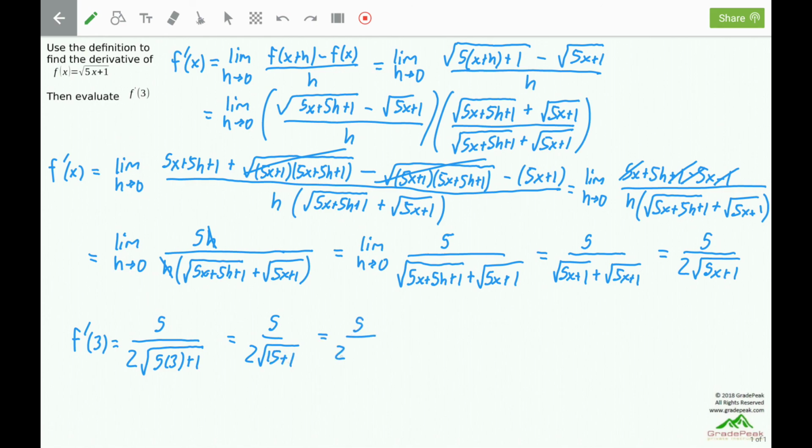So we'll have 5 divided by 2 times the square root of 16. The square root of 16 is a 4, so we'll have 5 over 2 times 4. And 2 times 4 is an 8. So we get 5 over 8.